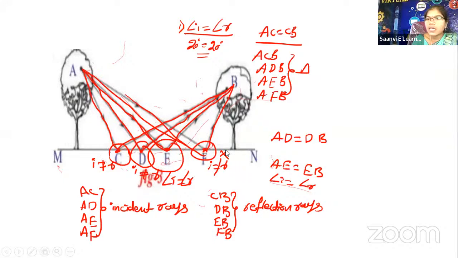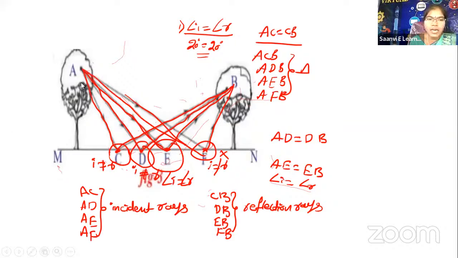When it picks the grains and goes to B, these rays are the reflected rays.